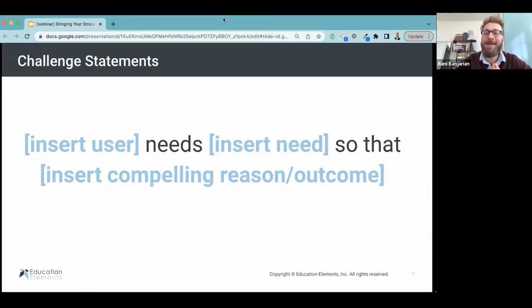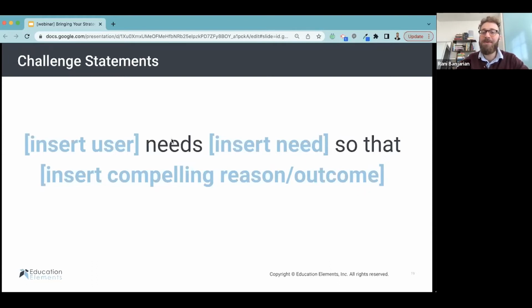And so if you think of different subsets of your community as users, so for example, if you're thinking of elementary students at my district, or parents at my district, or community members who do not have children at our schools, these could be subsets of your community. And so you would begin to craft a challenge statement around one of these users or one of these constituent groups.